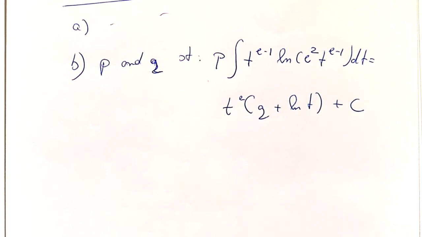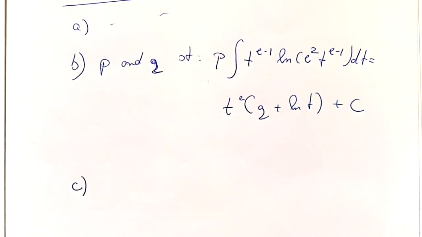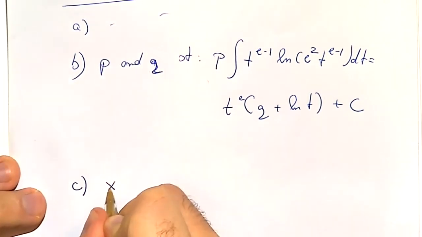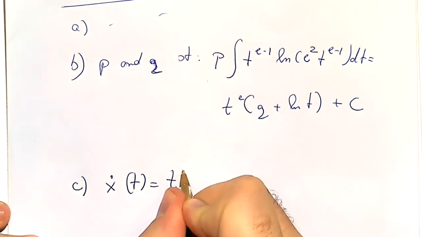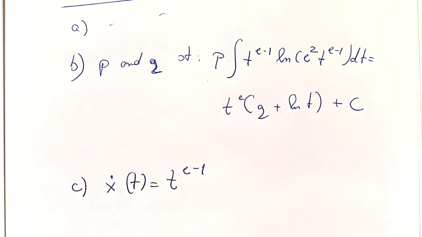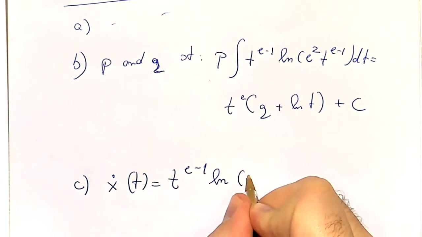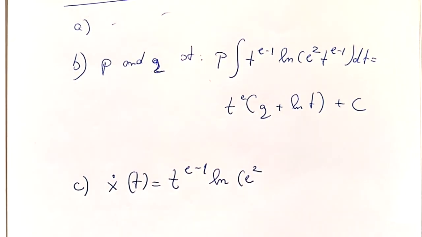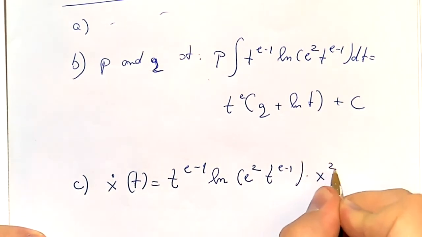If you didn't solve it, you can still use B on C, D, E, F, G. So really, really important, because now I'm asked to find the general solution of the differential equation x dot of t is equal to t^(e-1) log(e^(t^e)) multiplied by x squared.